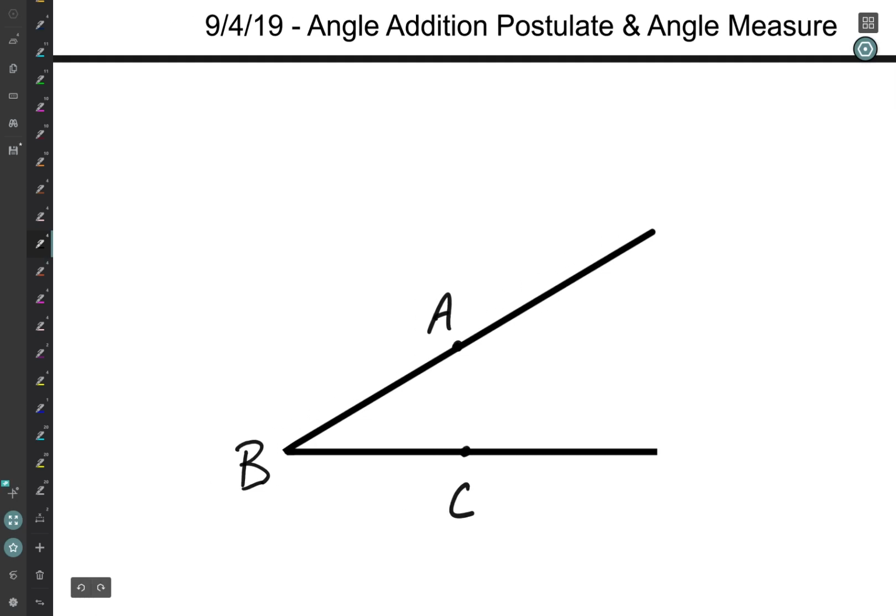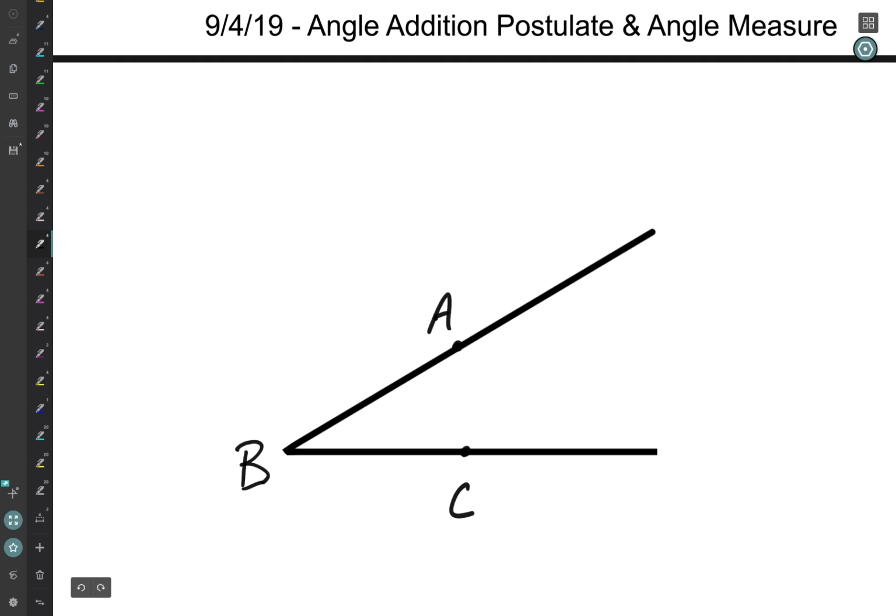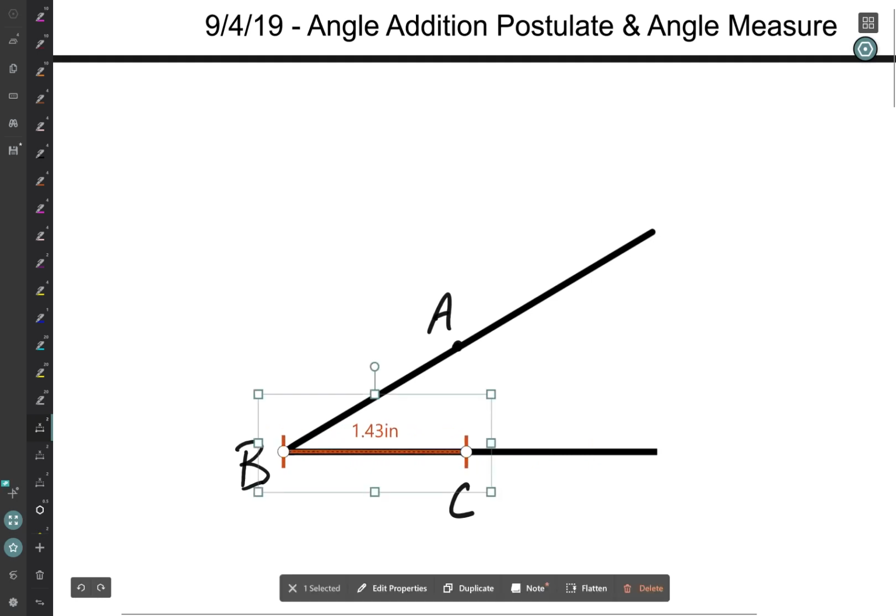All right. Angle measure. All of you should have done this before at some point. But here's the deal. You guys have no problem measuring the distance from B to C. Inches is a way you might do that.